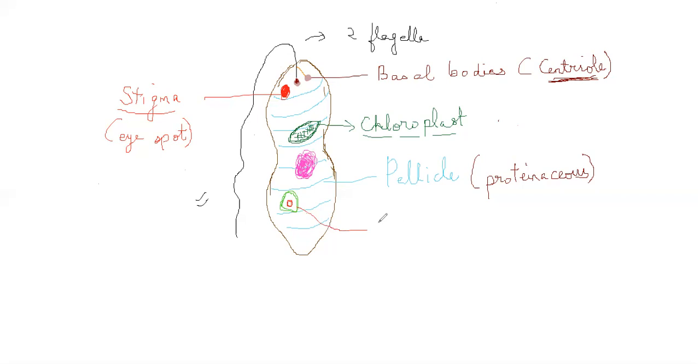It's a characteristic of algae. A pyrenoid is a food storing structure. It stores food. This food, which is stored in euglena, is paramylum.